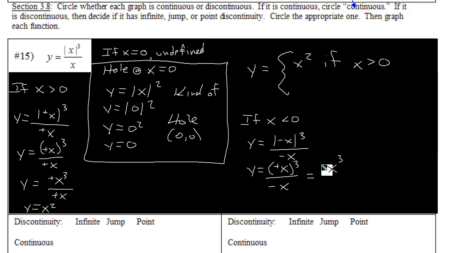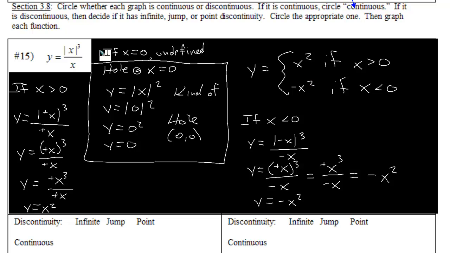Well, it's an x cubed that's positive. If you divide a negative by a positive, or a positive by a negative, I should say, you get a negative. X cubed divided by x is x squared. So this simplifies to y equals negative x squared. So if x is less than 0, we graph y equals negative x squared.